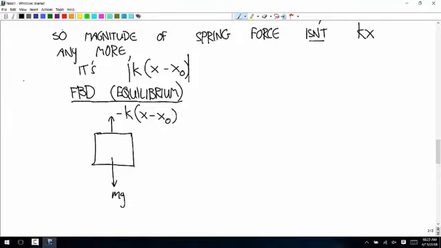And we've chosen our x equals 0 to be at the equilibrium position. So this goes away.